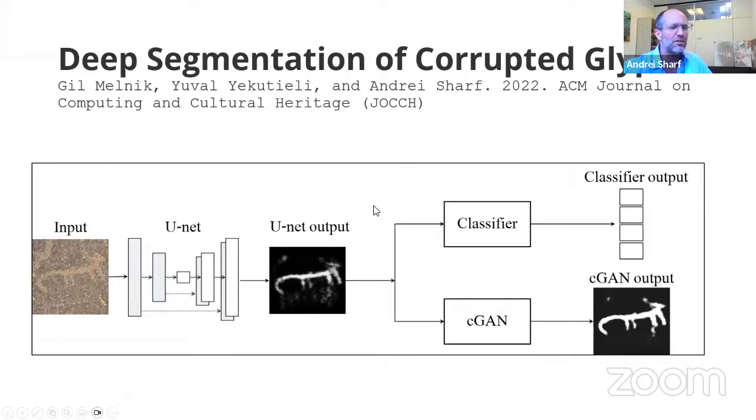The first work I want to show you involves a collaboration with the archaeological department, where we tried to perform some kind of reconstruction and filtering of archaeological artifacts. We call the paper Deep Segmentation of Corrupted Archaeological Artifacts.